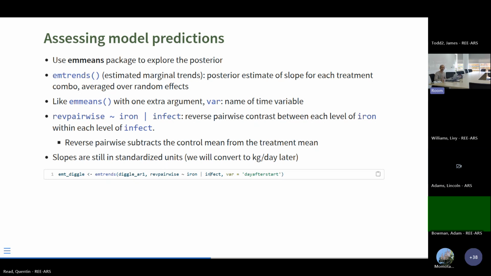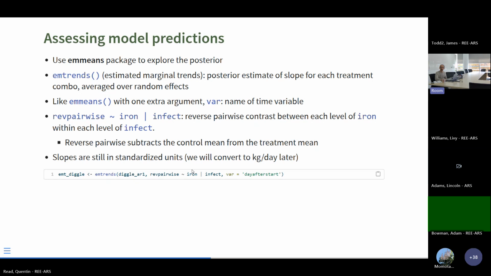Within each level of infection, we're going to compare iron versus not iron. And we're going to do reverse pairwise because we want to subtract the control from the treatment mean to see if the treatment mean increases the weight gain rate.